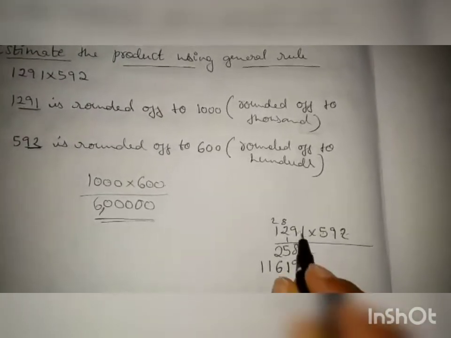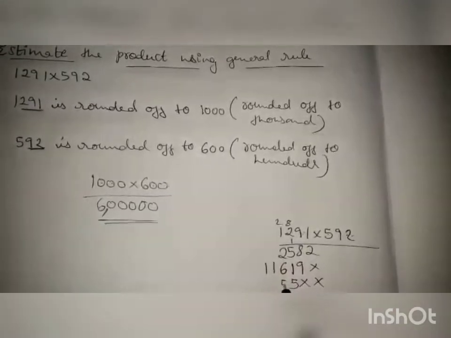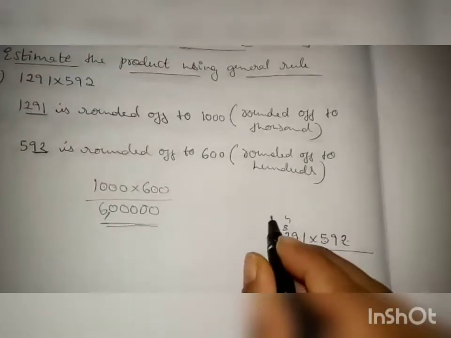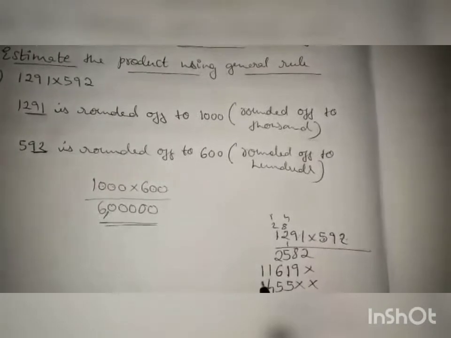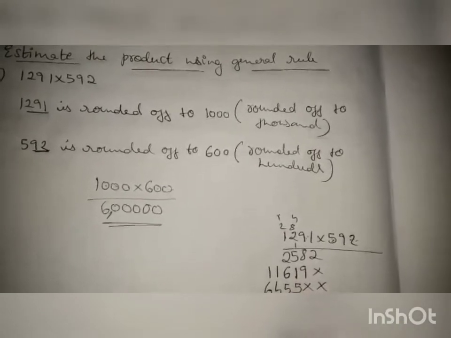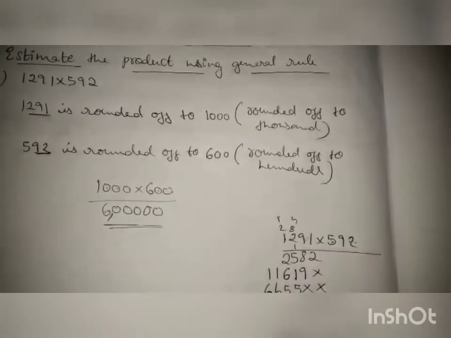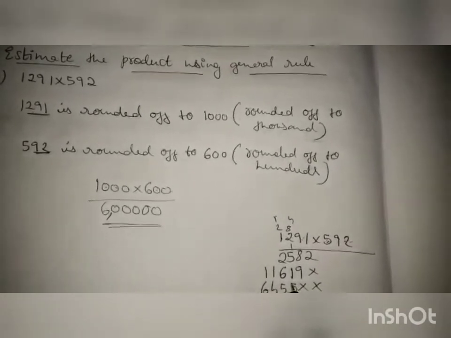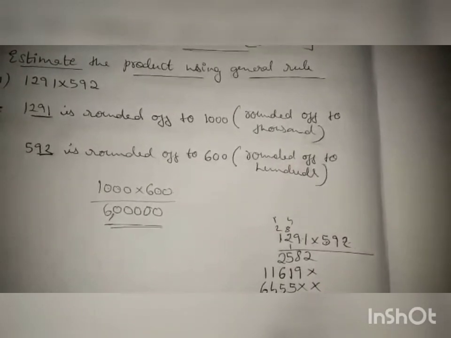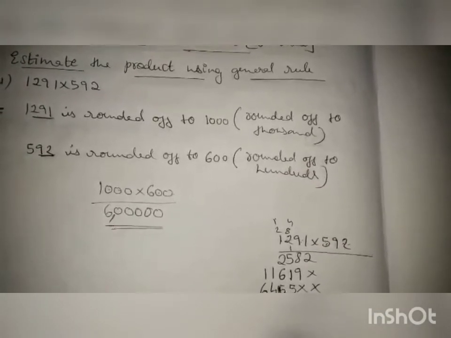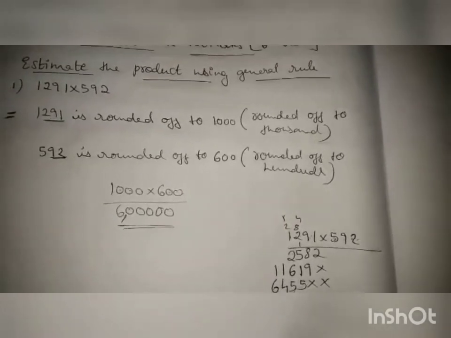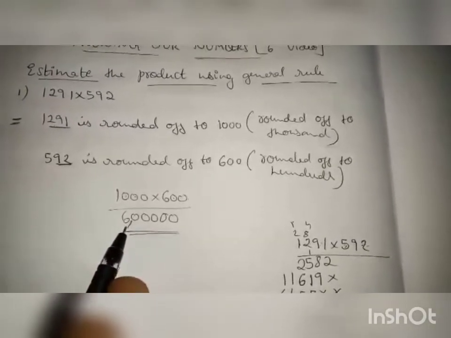Next, 5 ones are 5, 5 nines are 45, carry here. 5 twos are 10, 10 plus 4, 14, again carry here. 5 ones are 5, 5 plus 1, 6. Adding up, you got 7,64,272.